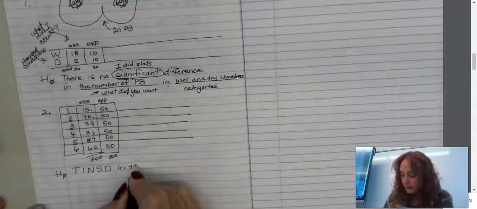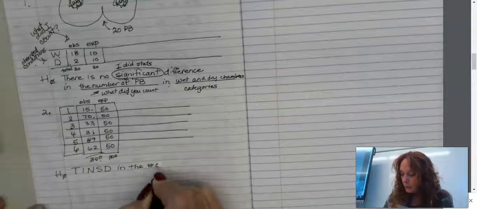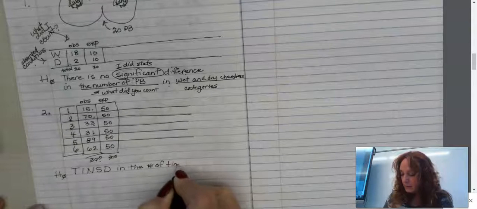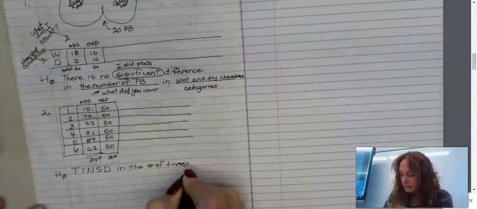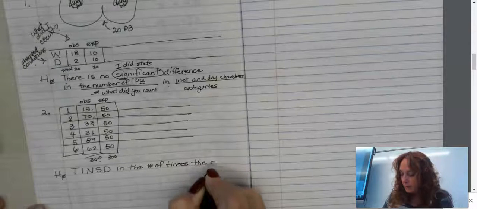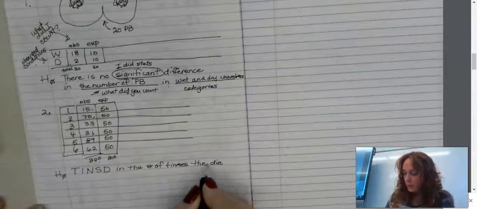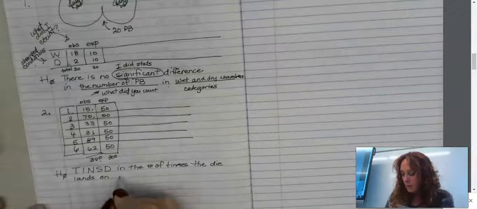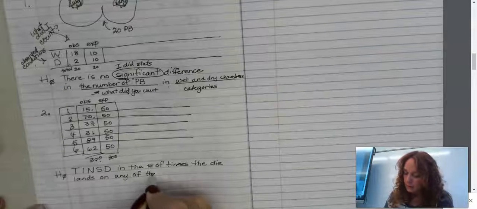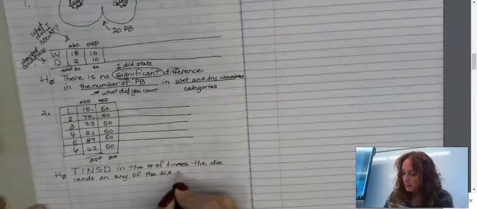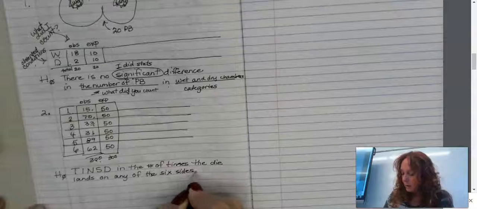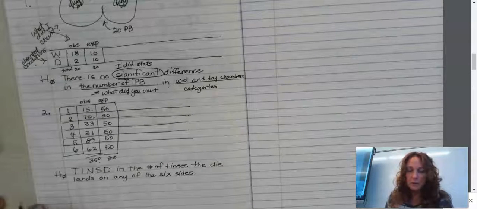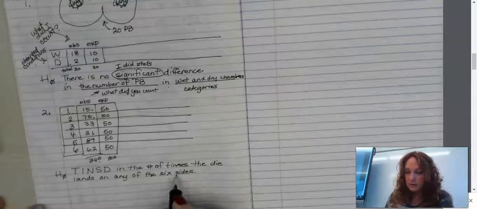So there's no significant difference in the number of times, and then the categories are that the die really lands on any of the 6 sides, because that's what we're talking about. They're the sides. So you're going to test that there's no difference.